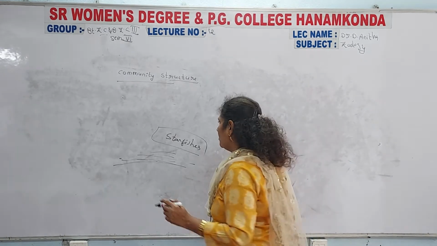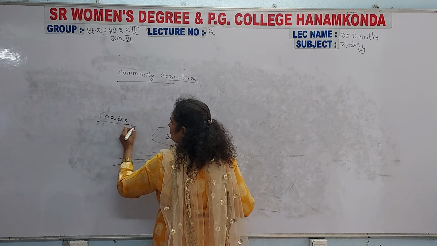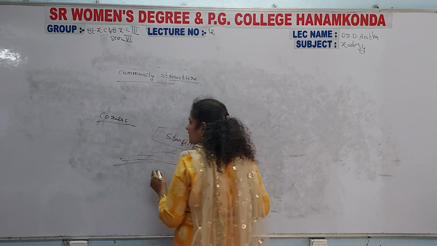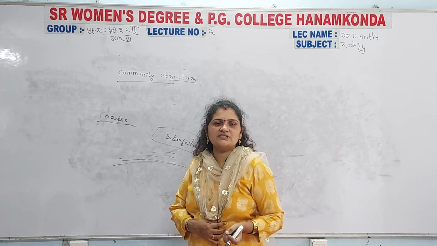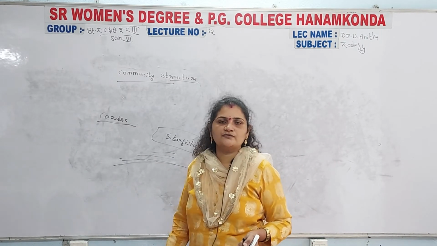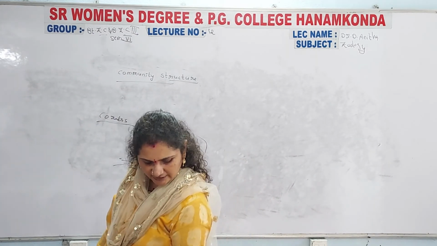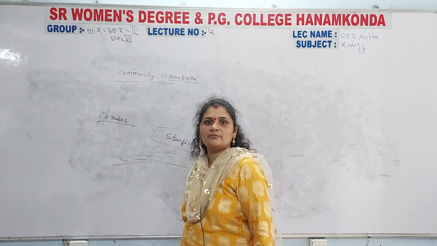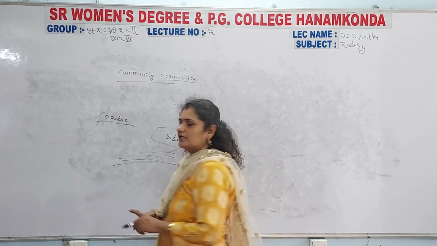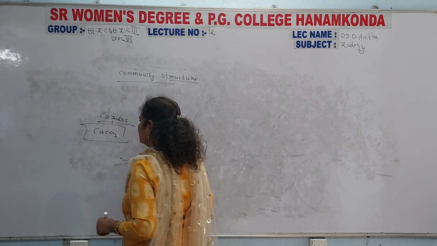There the corals are already present. You know very well about the corals, coral reefs, the reef edge. Corals are cnidarian organisms, which also belong to invertebrate phyla. Cnidarians contain calcium carbonate in their skeletal system.